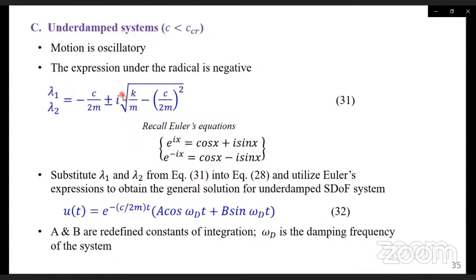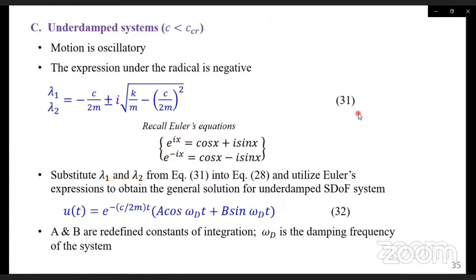To do so, we want to handle the i, the complex number, and we are utilizing Euler's equation. I remember even last week we utilized this, and I believe it could be in your SMP. It gives the relationship between the sine and cosine functions, which are trigonometric functions, and the complex exponential.